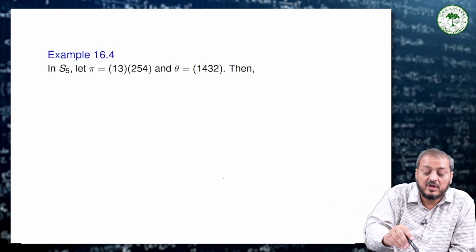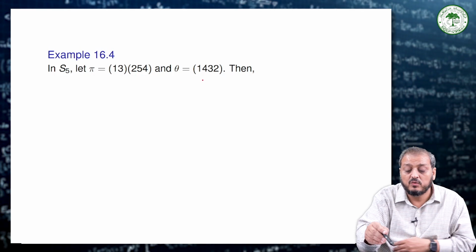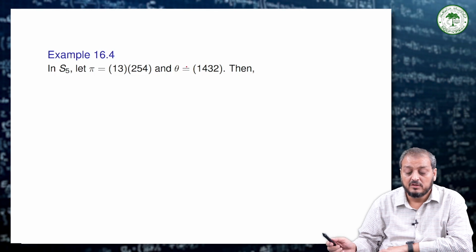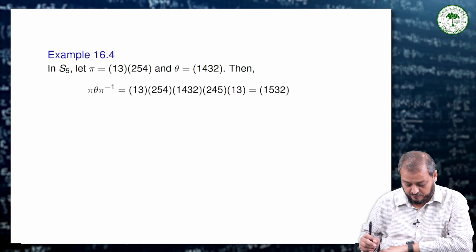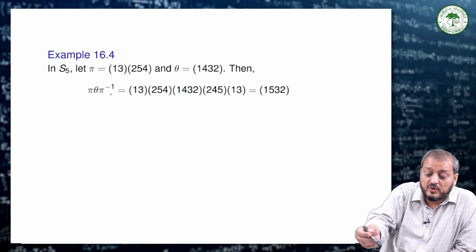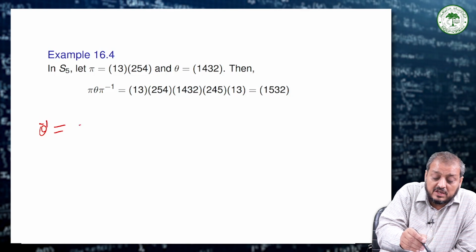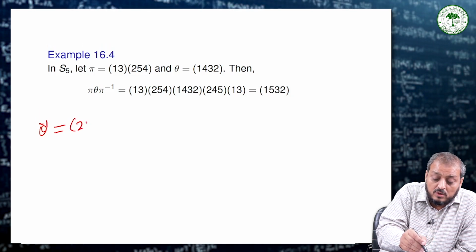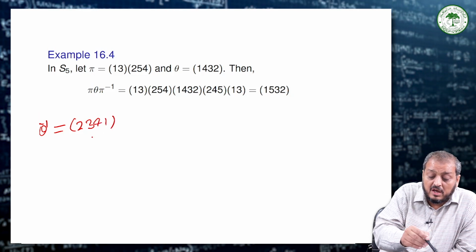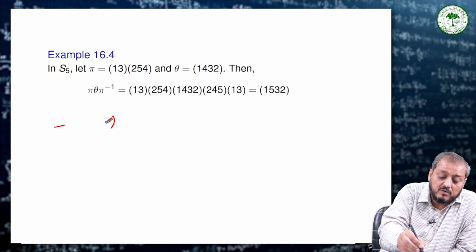Pi is equal to (1 3), a disjoint cycle, and theta is equal to another cycle. So we try to find theta pi inverse. First we have to write theta inverse. Theta inverse can be written in the form 2 3 4 1, and then we take pi inverse first.